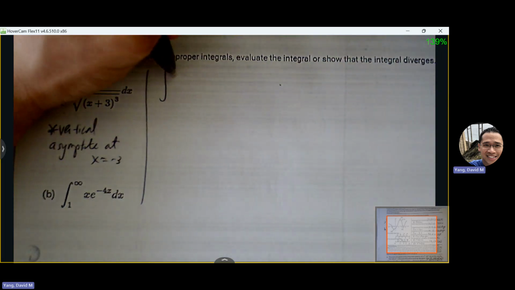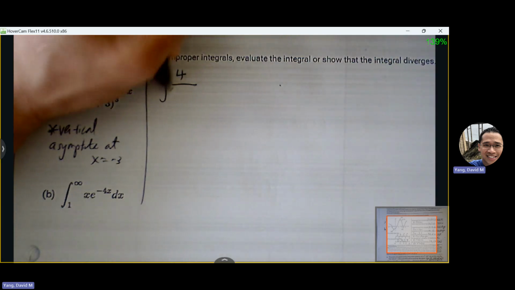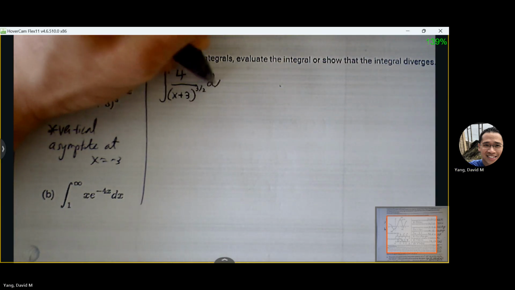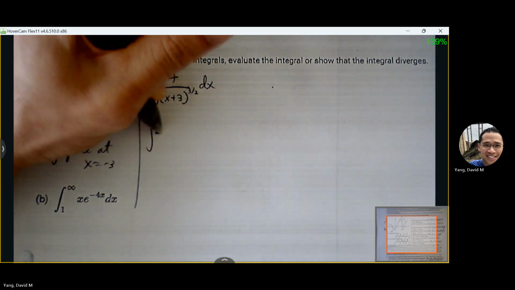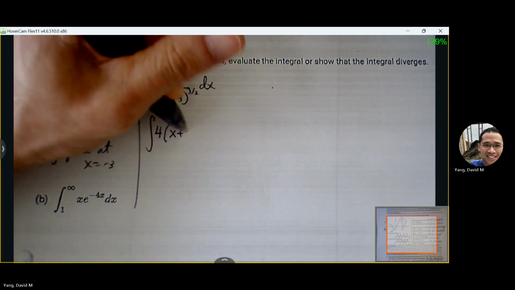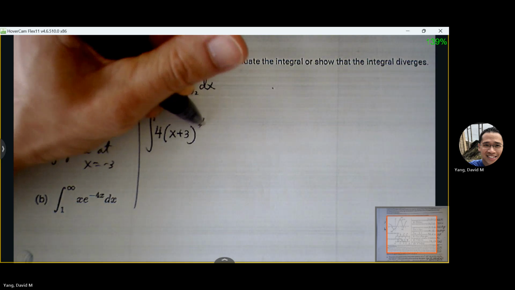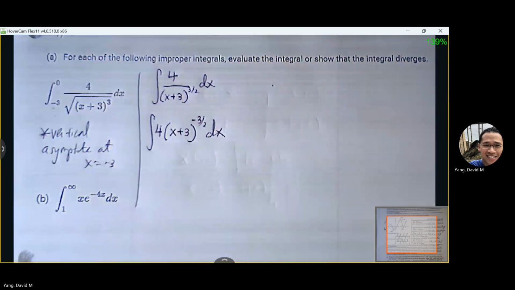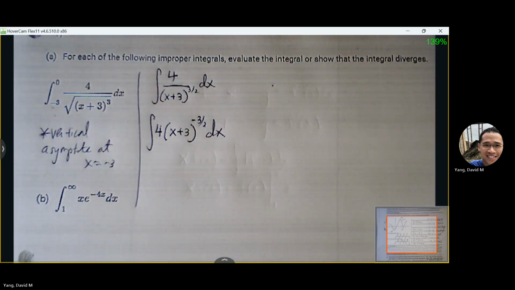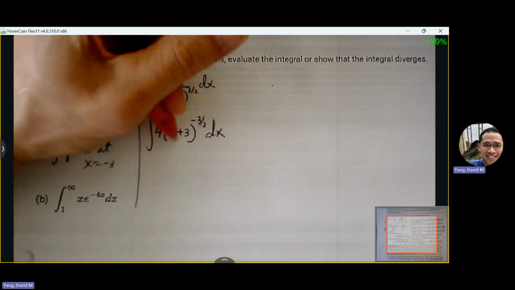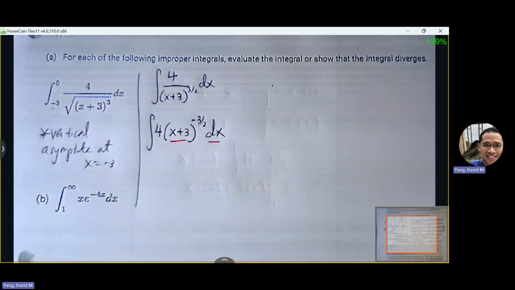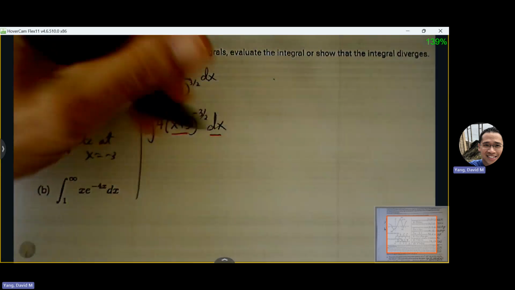But we know this is going to be U substitution, most likely a power rule problem. You can either bring that x plus 3 up now or wait till you do U substitution to bring it up. But either way, we got to go through U substitution. This won't work with natural log.